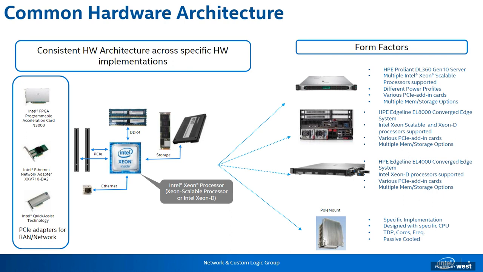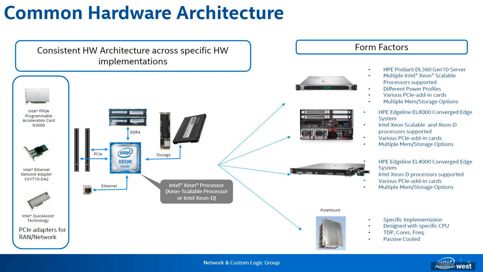And on the right hand side here, I've shown the typical form factors that you see through the network. At the top is a core network type box, your standard dual rack mount server implementations like the ProLiant DL360 from HP, a data center solution.